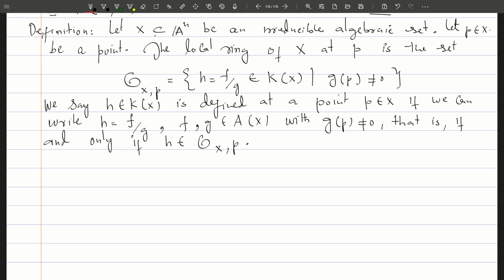Now we can define the local ring of an open set. So we have one more definition. Now let us consider an open set.